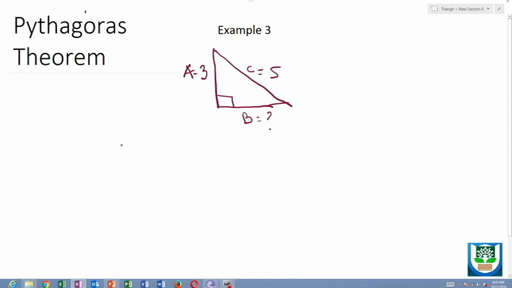So we can find it out very easily through the Pythagoras theorem. Now C square is equal to A square plus B square, and we don't know what B is. We will substitute the value of C. The value of C is 5 and it is squared.